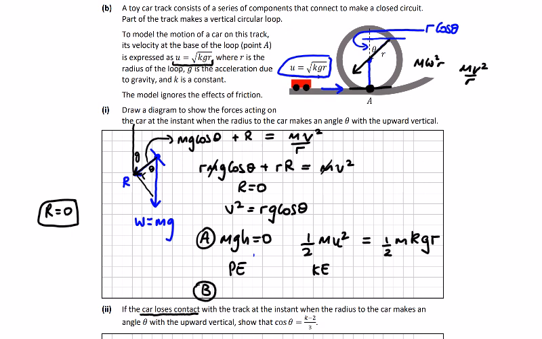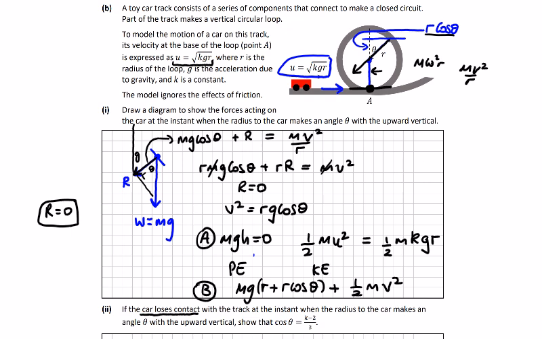At B we have a half mv squared. Well, I'll do mgh first. It's here mg by h, which is this radius, plus the r cos theta that we got earlier, so mg times r plus r cos theta, plus a half mv squared.